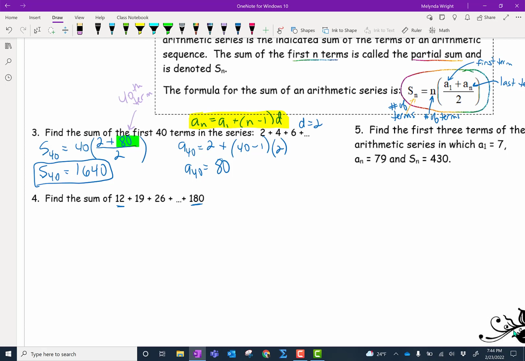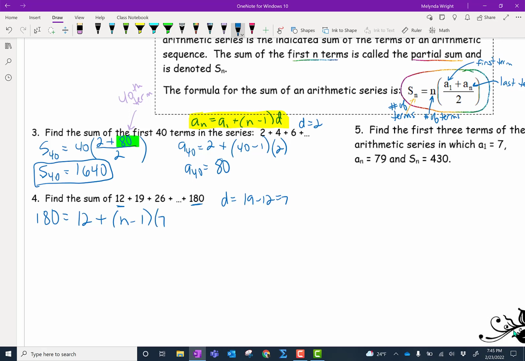So 180 is the last term. We know the first term is 12 plus, we don't know that term number, right? That's what we want. We want to know which term number is 180. And then we're supposed to multiply by the common difference. What would the common difference be? It'd be 19 minus 12, which is 7.